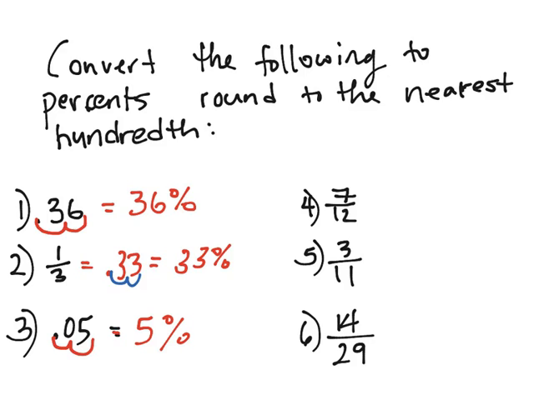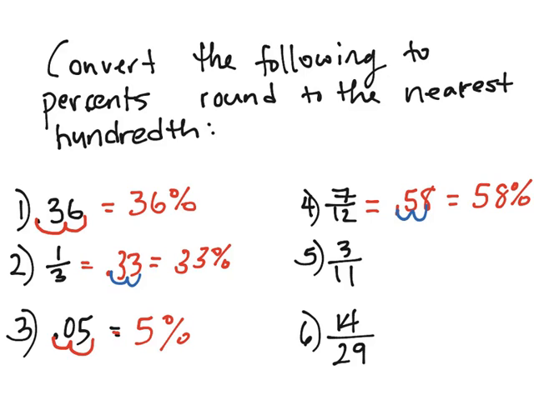Okay, 7/12. If we convert this to a decimal rounded to the nearest hundredth, it would be 58 hundredths. Okay, and if we convert this to a percent, it's just multiply by 100 or move the decimal point twice, and we get 58%. Okay, number 5, 3/11.